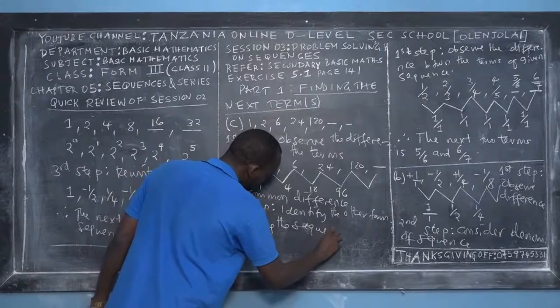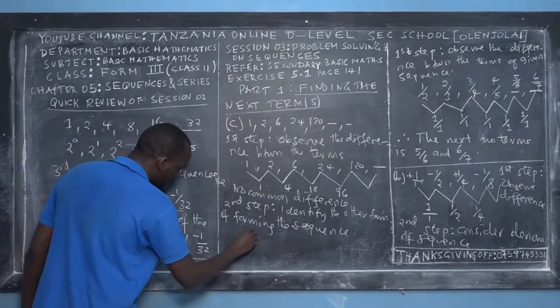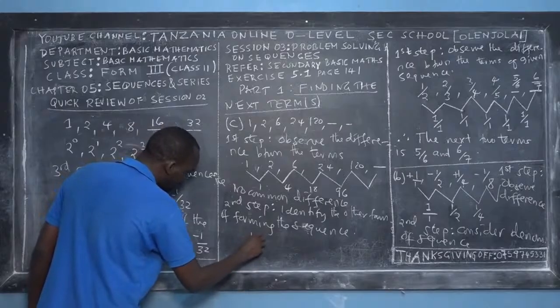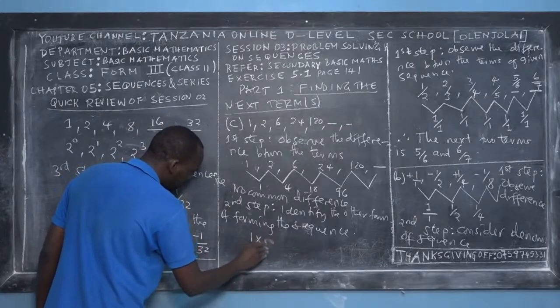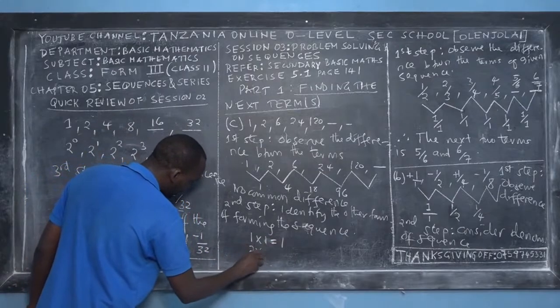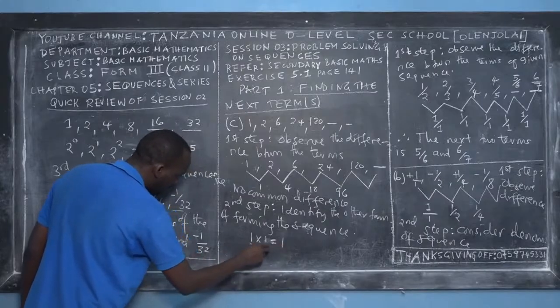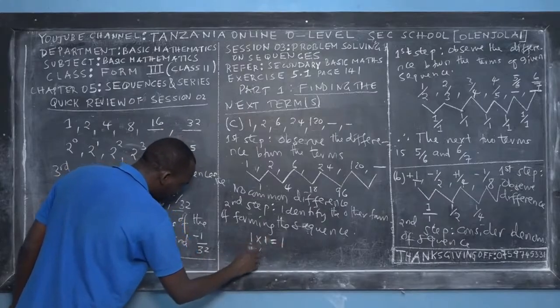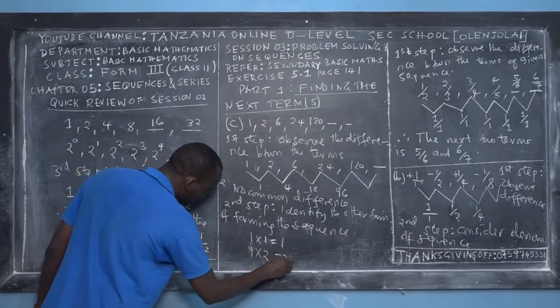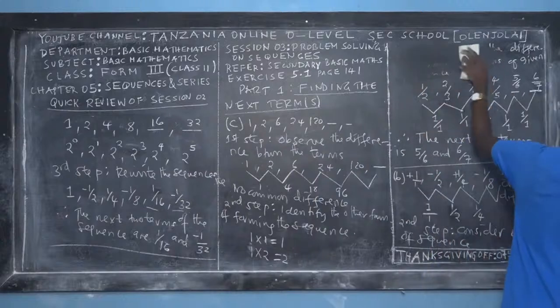For example, we think that if you have 1 times 1, you get 1. And then if you take the answer of the first product, which is 1, and multiply by 2, we get 2. And hence we continue.